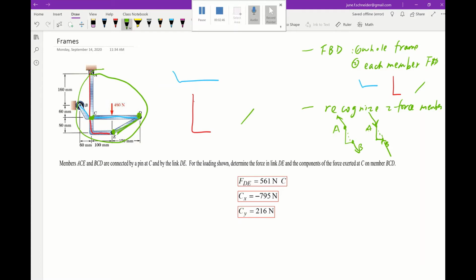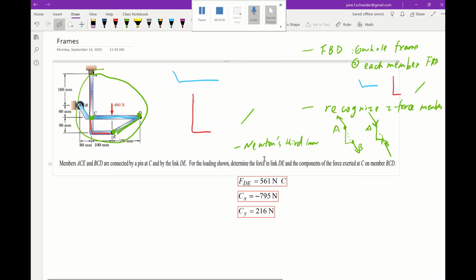The third one is you are going to use Newton's third law. Newton's third law, we all know, is that every action has an equal but opposite reaction. So what does that mean? For example, here at C, let's just point to this point C here.